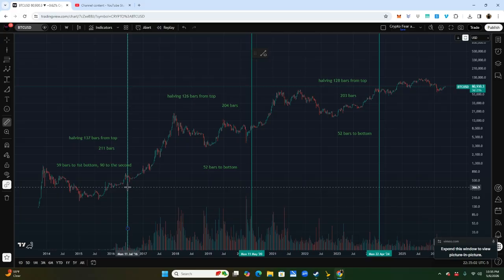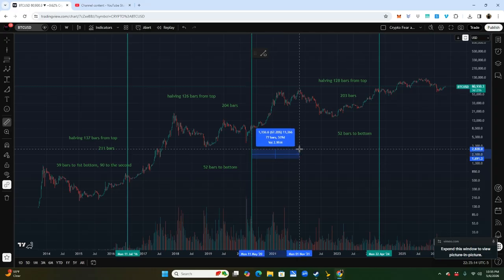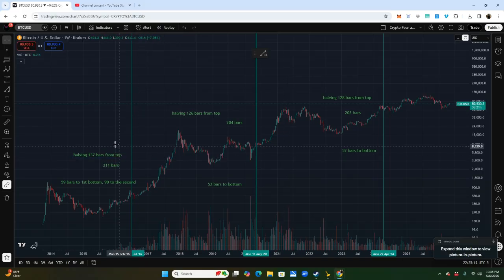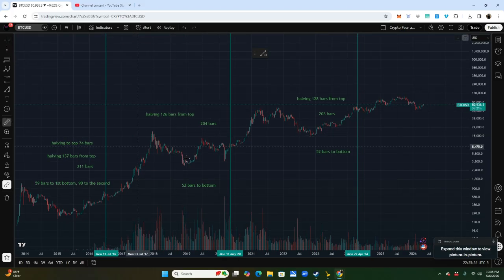Let's look from halving to the top of the cycle: 74. 78. This is actually going to work better. So let's do this, halving to top, 74 bars. And then this one I already forgot.